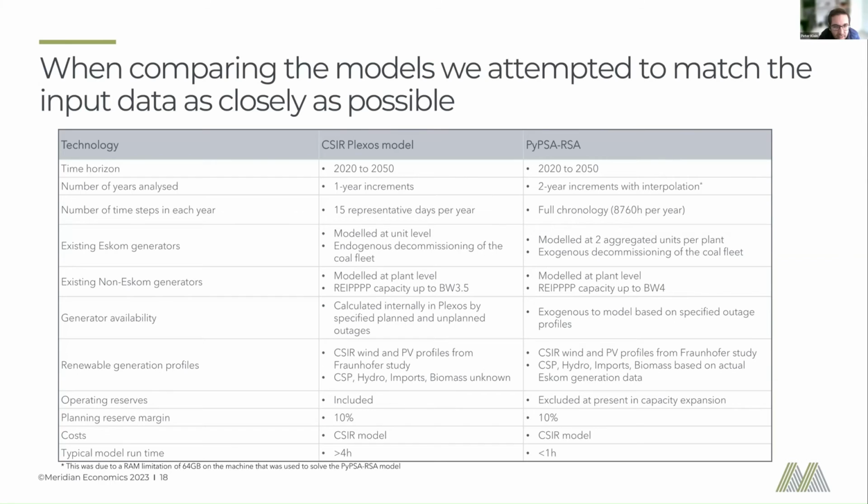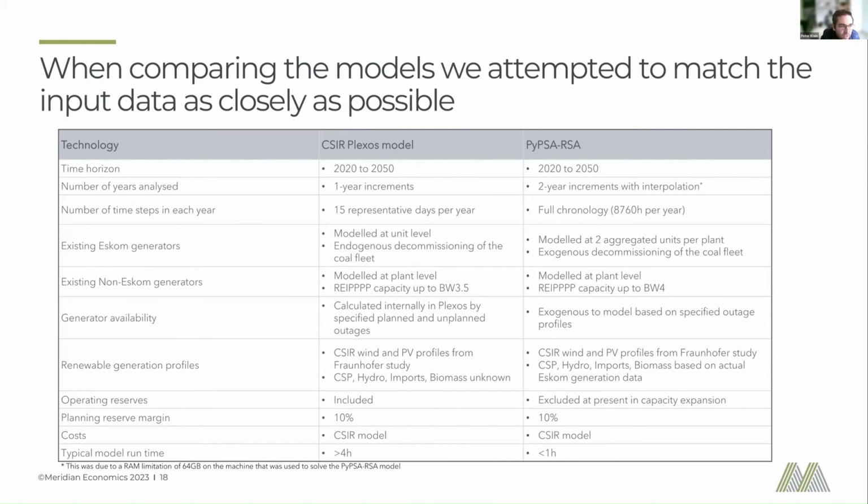So the CSR Plexus model at the time, it's not exactly comparing apples and apples. For example, they solved the model in every year between 2020 and 2050 in perfect foresight. That's obviously quite computationally intensive. So there was quite a bit of time sampling done in the LT plan, but they did a lot more detail on the short-term modeling as well.